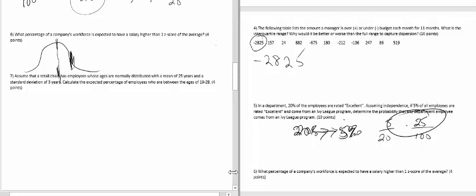So the question is, what percentage of a company's workforce is expected to have a salary higher than 1 z-score? Okay, so we have lower than 1 z-score, but higher than average. And then we have higher than 1 z-score.